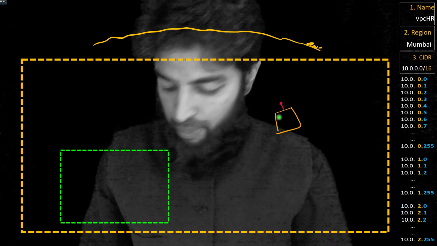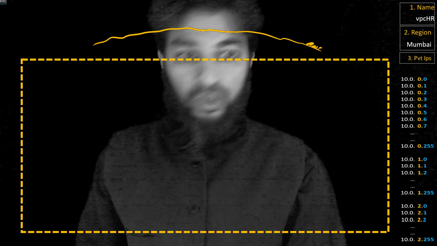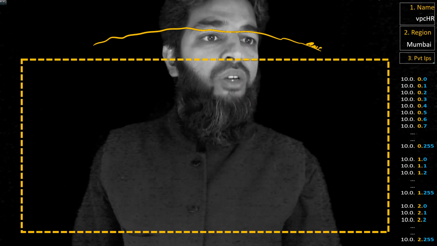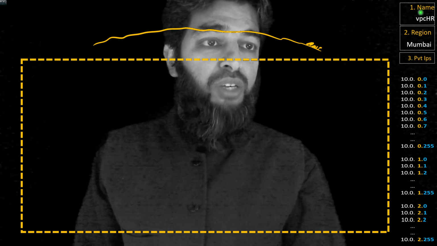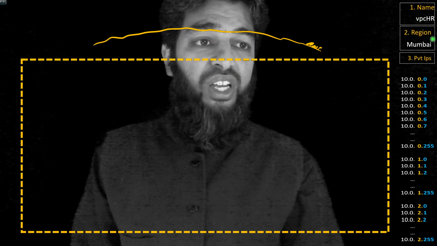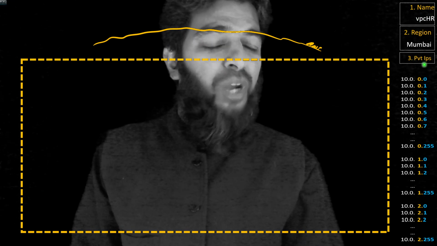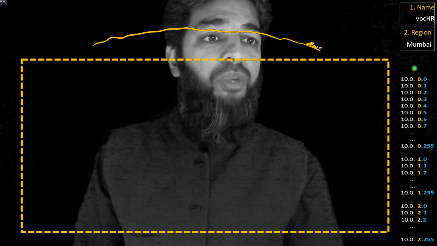So moving back to our diagram. Alright, so we were saying that a VPC bare minimum requires these properties: first is name, second is region, third is private IPs. In fact, this third property is not called private IPs.